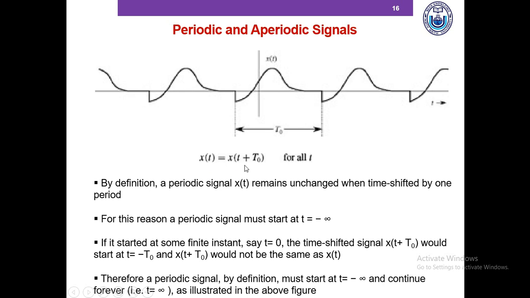Which is why if you shift a periodic signal left or right, you get the exact same signal. Therefore, a periodic signal by definition must start at minus infinity and continue forever, that is till plus infinity, as illustrated in this figure. So a periodic signal must always start from minus infinity and must always end at plus infinity.